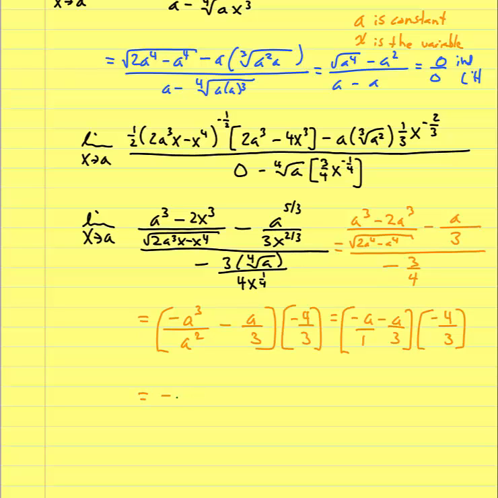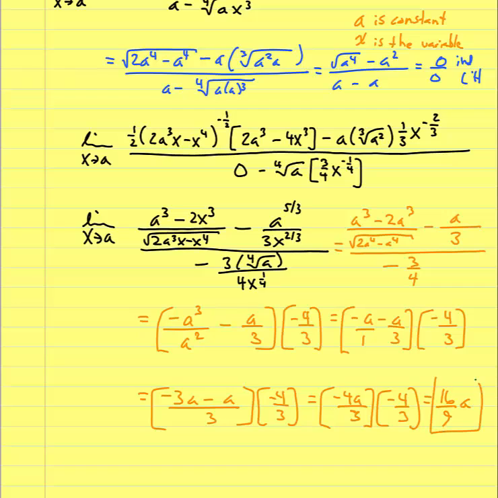Finding a common denominator, that would be negative 3a minus a all over 3, times a negative 4/3. I'm still simplifying. Negative 3a minus a is a negative 4a over 3, times a negative 4/3. Negative times a negative is a positive. 4 times 4 is 16, 3 times 3 is 9. So I'm left with 16/9 a.